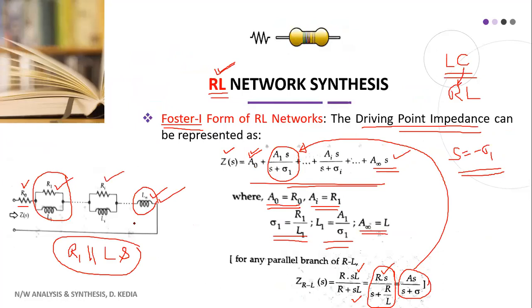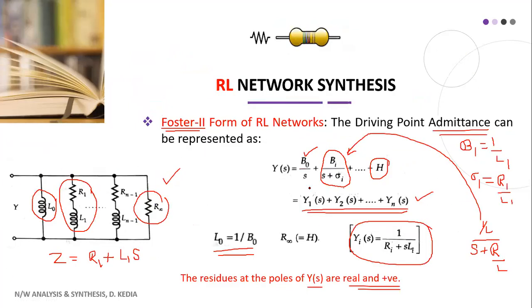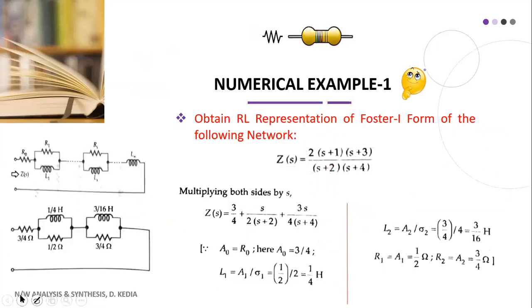See, Foster's second form, I think. See, A by s plus sigma, such kind of thing is there. Fine. So we have got the residues. Now let us move forward.